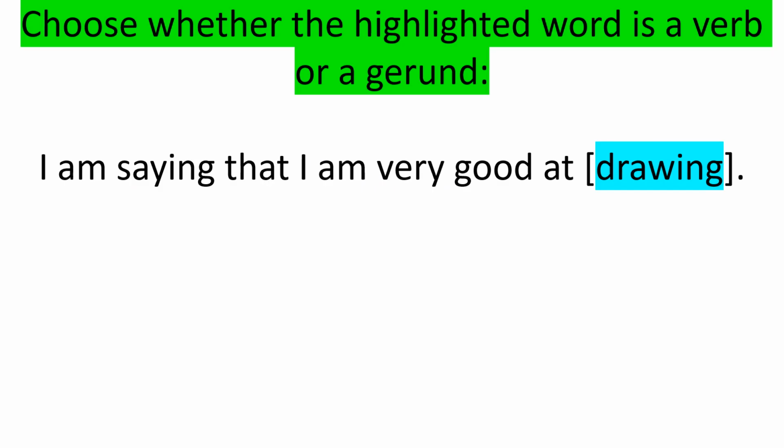I think we're going to make this our last one. Pause the video if you want to think longer and analyze it a bit longer. Answer here is a gerund. First off, at, right? At is a preposition, so it's not an auxiliary verb. And prepositions connect to nouns, which means it has to be a gerund.